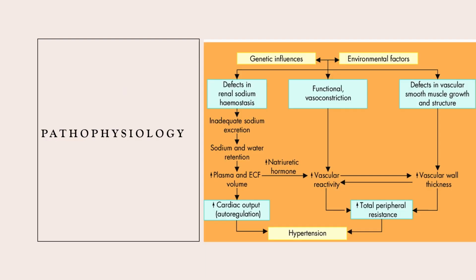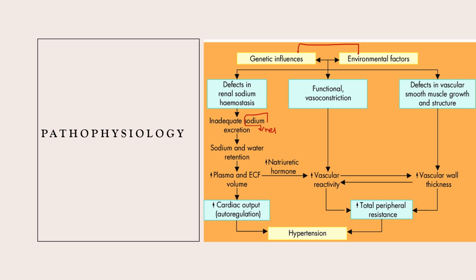So how does hypertension occur? Basically, it is an interplay of the genetic and the environmental factors. Whenever there is a defect in the renal sodium homeostasis, there is an inadequate sodium excretion, which means that the sodium is retained inside the body.